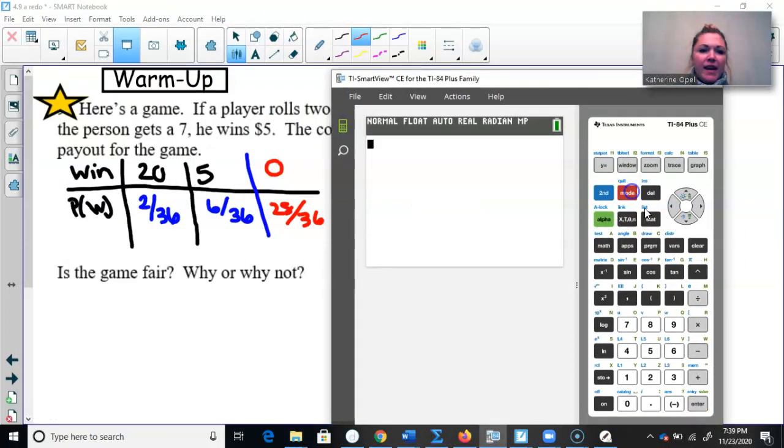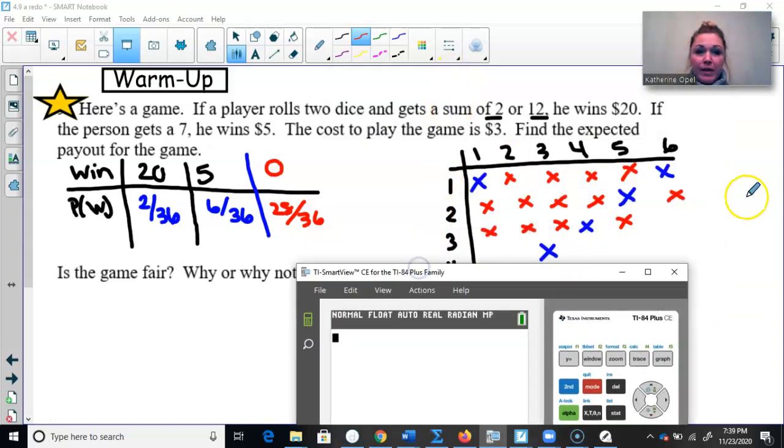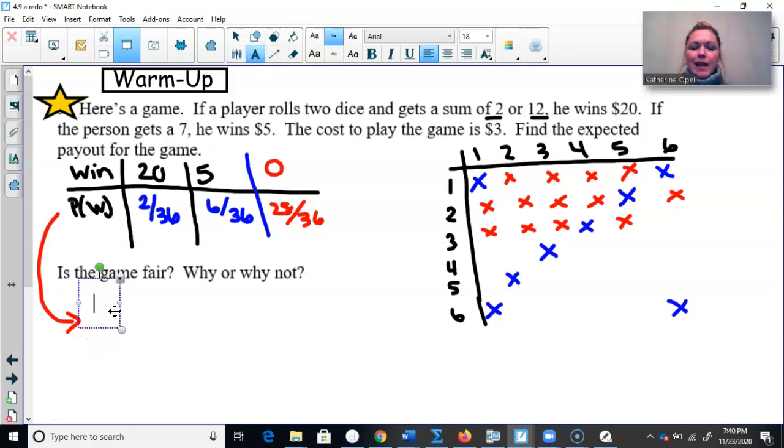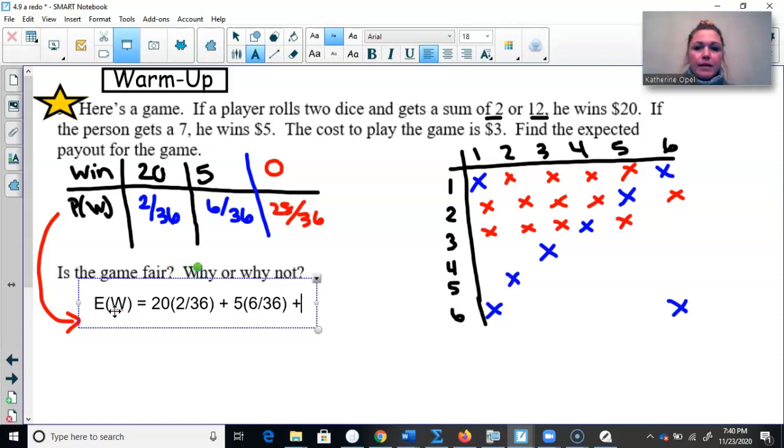I'm going to just do this one by hand. This one's an easy expected value. It says find the expected payout, the expected winnings. So the expected winnings is 20 times 2 divided by 36, plus 5 times 6 divided by 36, plus 0 times 28 divided by 36.